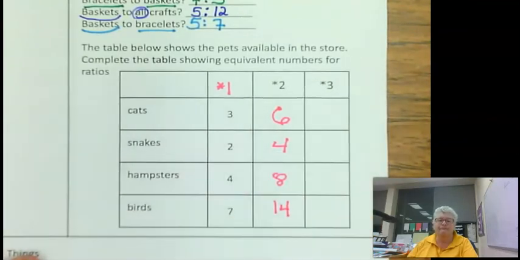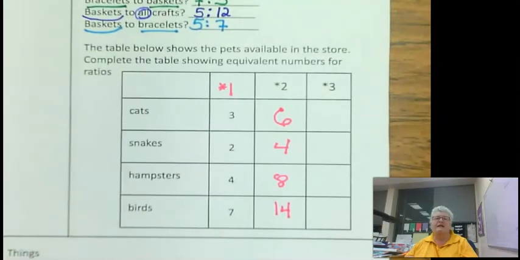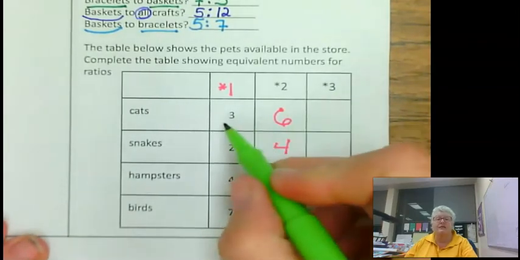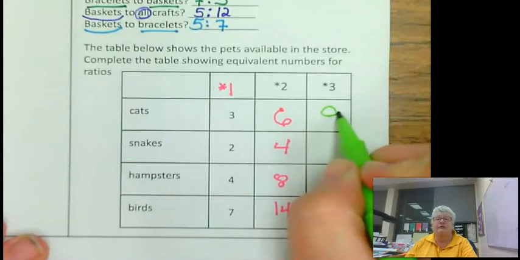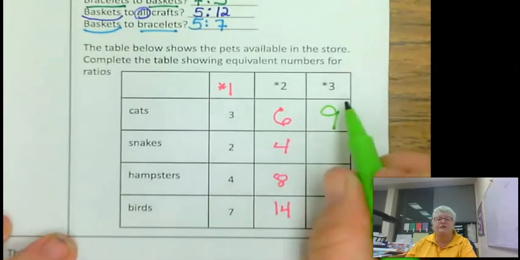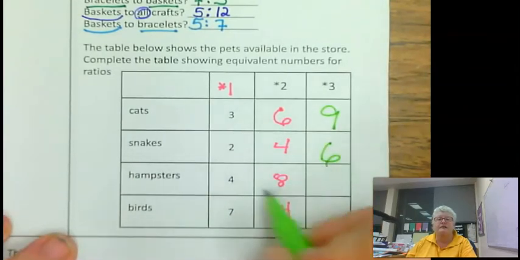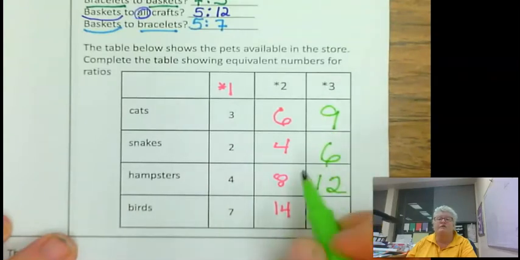All right, that's if the pet store guy does double. What if he does triple? 3 times 3, you got it, 9. 2 times 3, yep, 6. 4 times 3 is 12. And yes, 7 times 3 is 21.